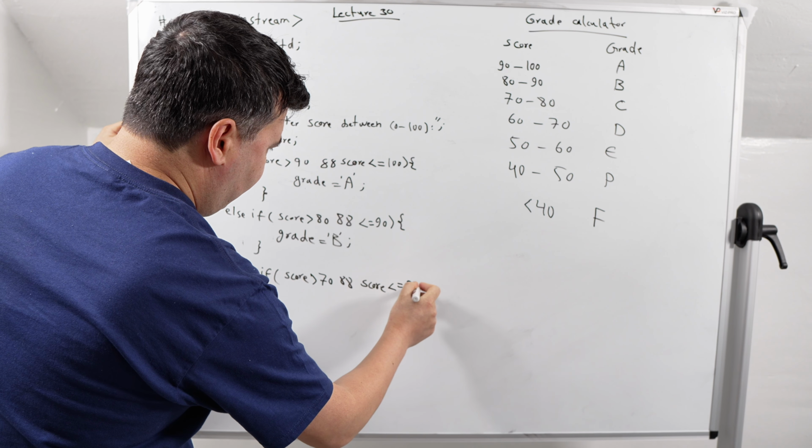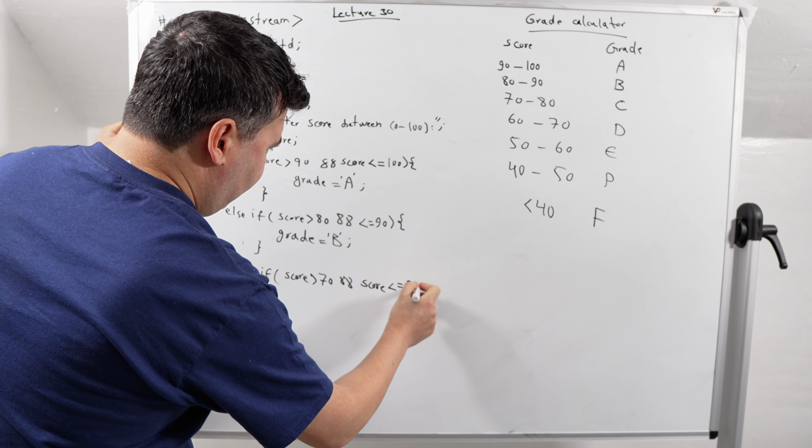So I write part of the program here, and for now I need to clean this part of the whiteboard. Okay, so I can write here. So we use else if score is between 60 to 70.